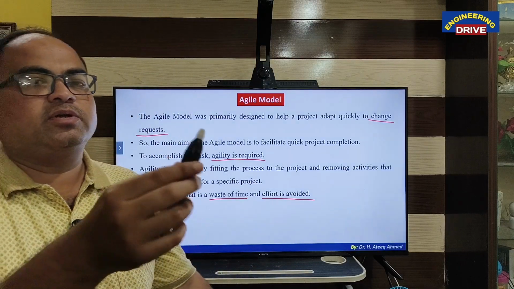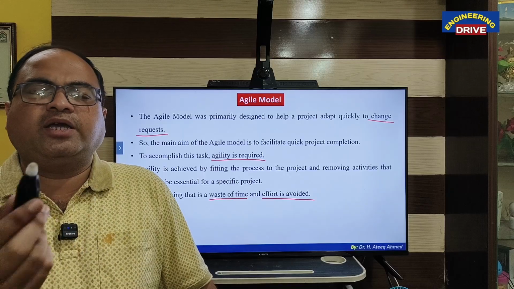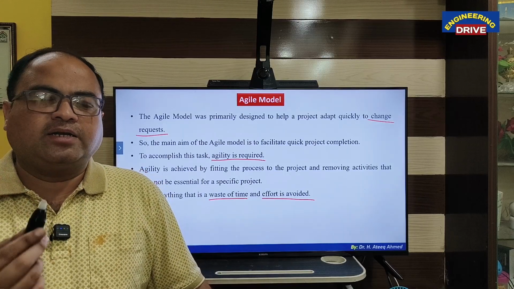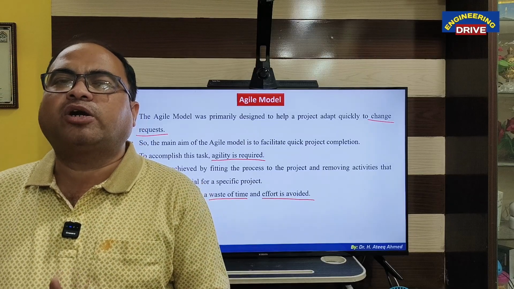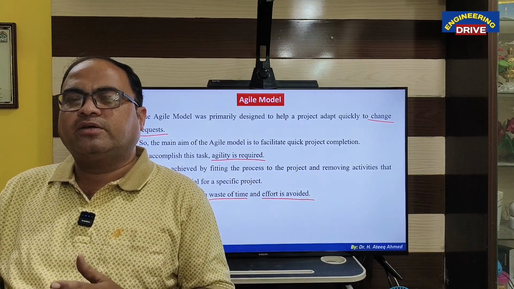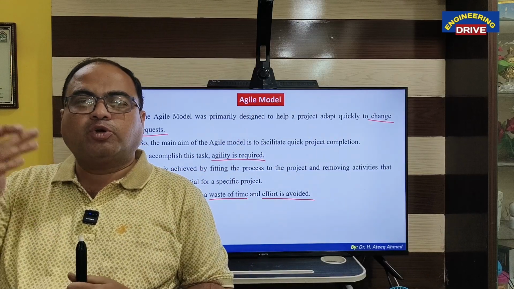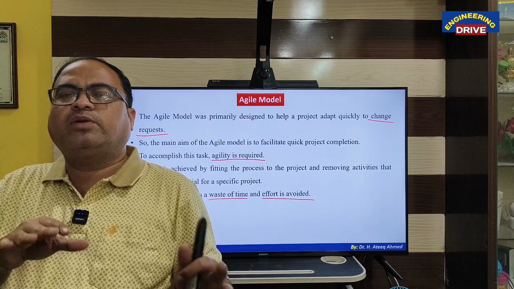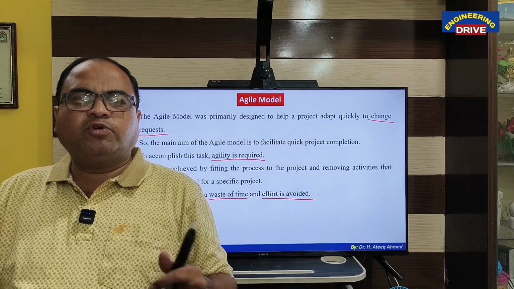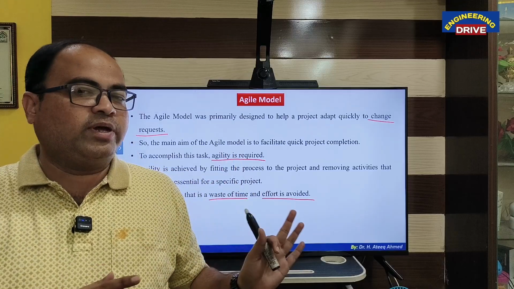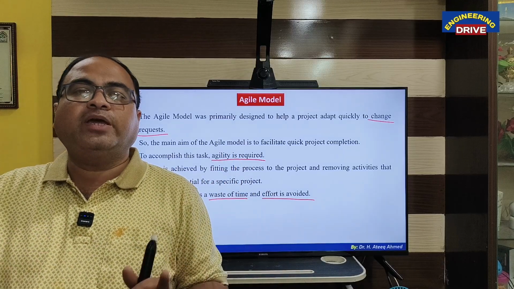Suppose you have taken the project from the client and you believe that some steps are not required based on the project proposed by the client. What you can do is remove those steps. If you remove the steps, automatically you are going to save a lot of time. So anything which is a waste of time should be avoided.